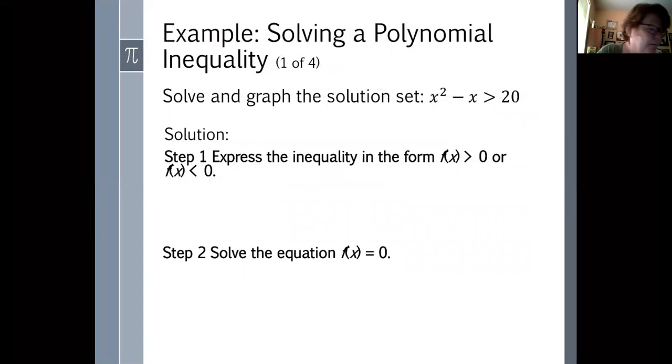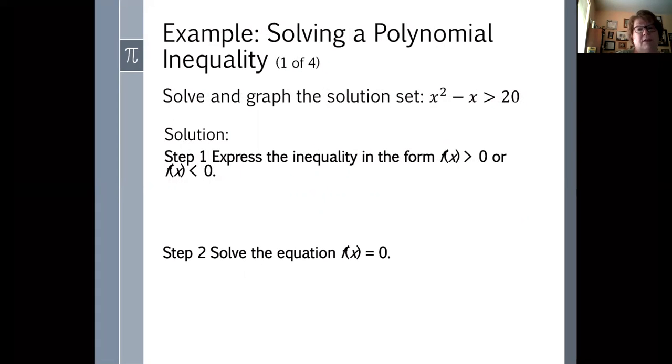Let's do an example. We're going to solve and graph the solution set of x squared minus x is greater than 20. The first step in solving any polynomial inequality is to get all the terms of the polynomial on the left-hand side of your inequality and 0 on the right.